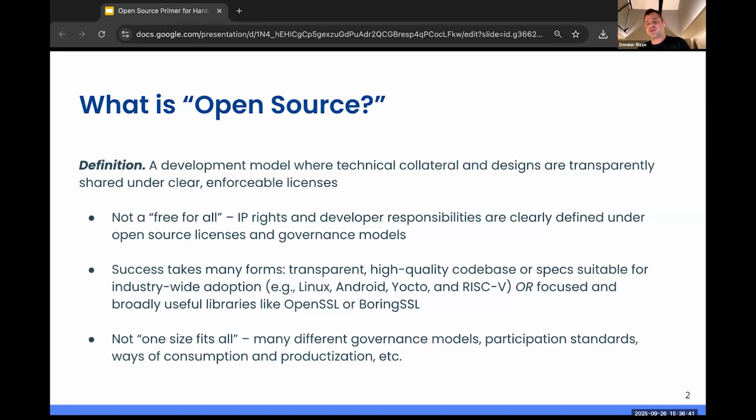There are many different models, participation standards, and ways of consumption and productization. Often people are familiar with one or a limited set of open source models, but there's really quite a large variety, although the set of models that are adopted most broadly or lead to the largest ecosystems is a bit more circumscribed than the full gamut of options.